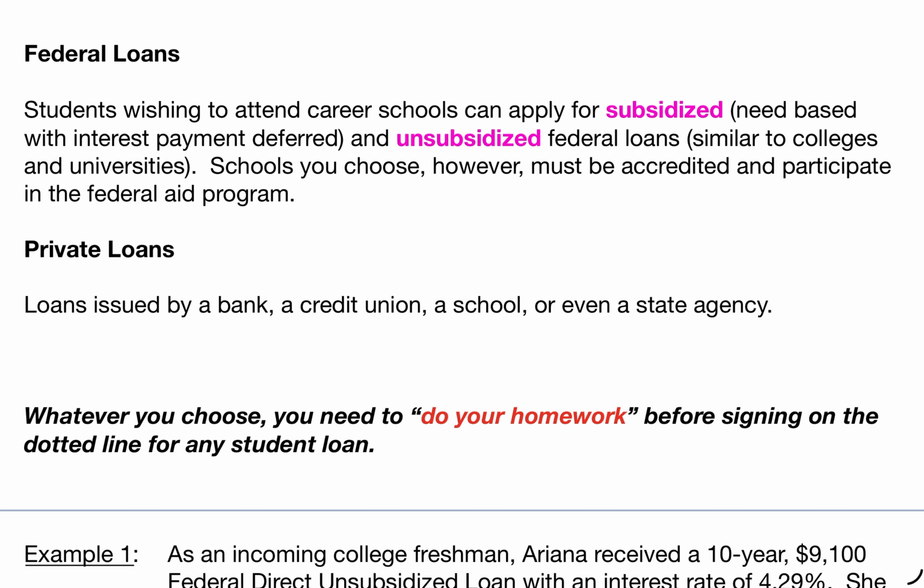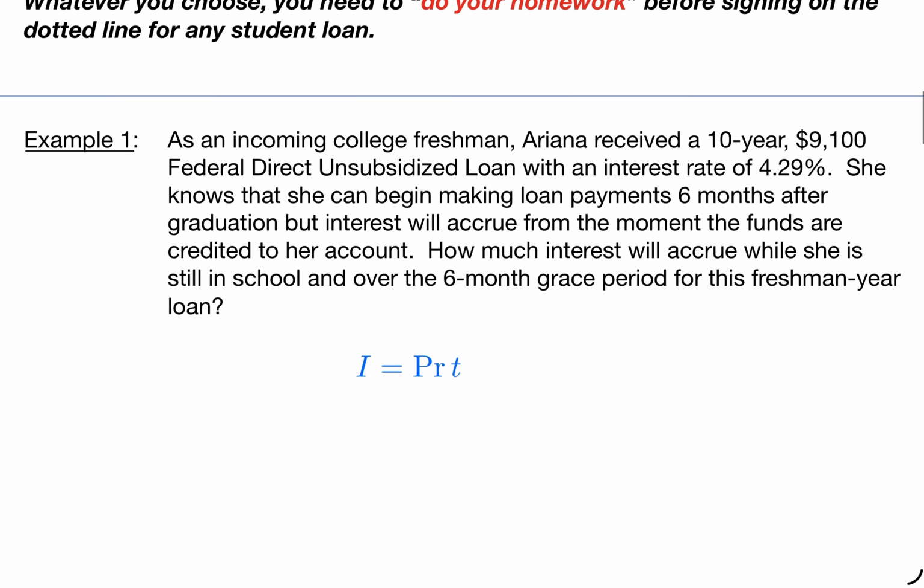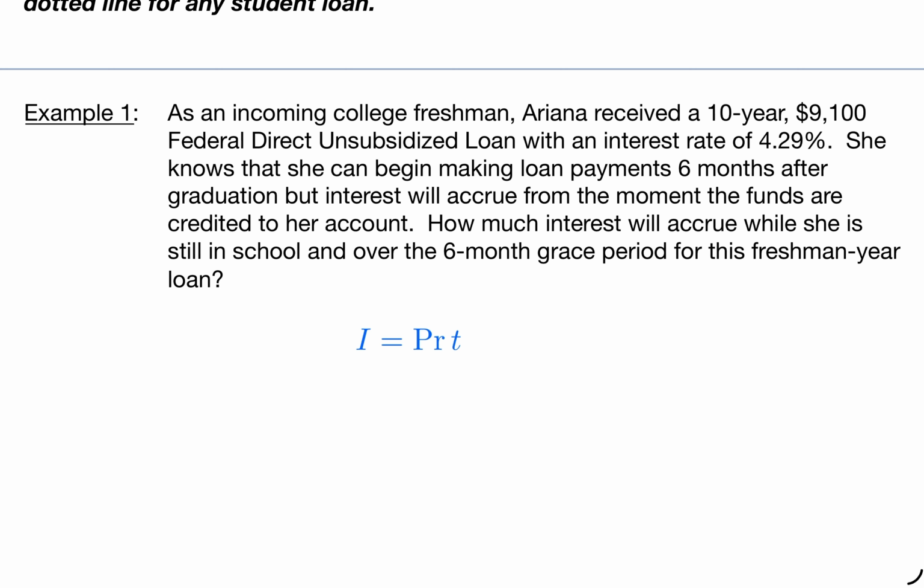so that you can be better educated. In this example, we have an incoming college freshman, Ariana, and she receives a 10-year, $9,100 federal direct unsubsidized loan. The key thing here is unsubsidized, and the interest rate on this loan is 4.29%.